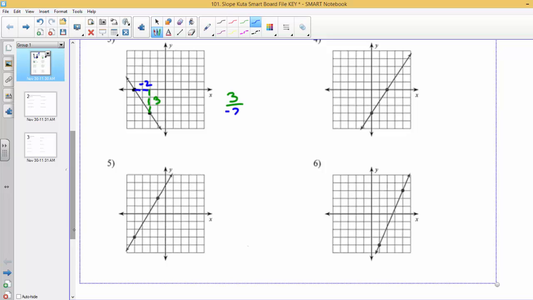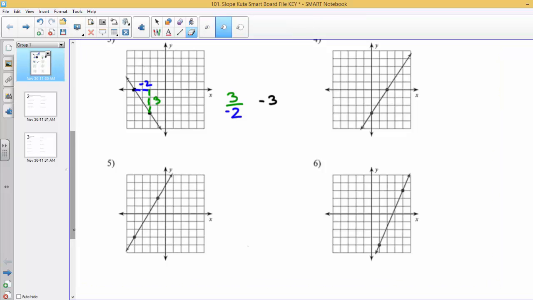So your slope is negative 2/3. One negative makes the whole, did I just say 2/3? Okay. So your slope is negative 3/2. One negative makes the whole thing negative. You could also write negative 1 1/2. I prefer this just because you have your rise and your run.